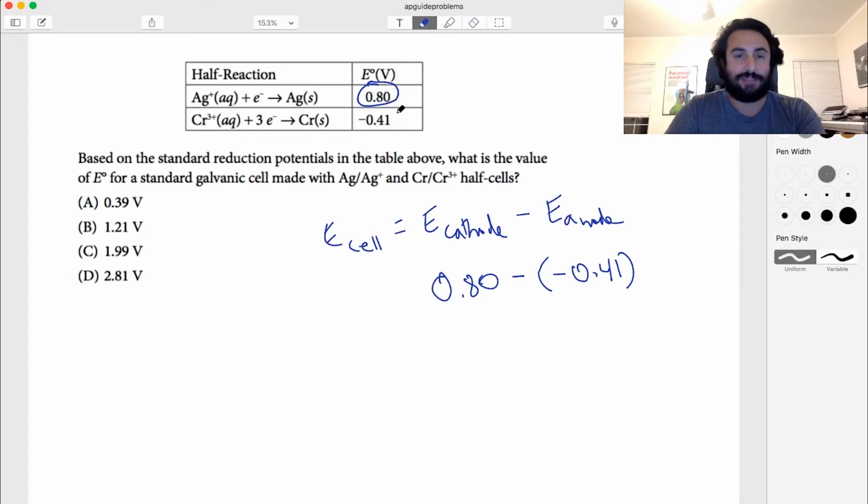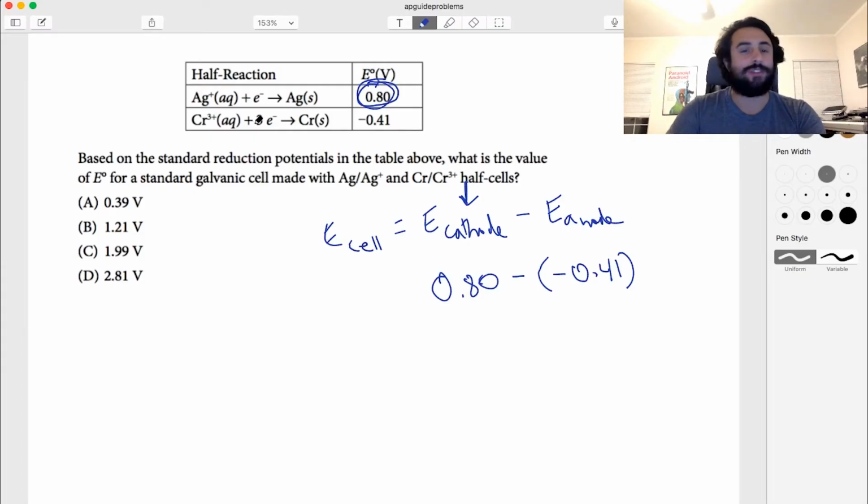If you have a positive and a negative value, the positive value is going to go right here with the cathode. Or if you have both positive or both negative, it's whichever one is greater. So if they're both negative, whichever one is closer to zero. If they're both positive, whichever one is bigger. So whichever one is the bigger number, that is going to be E cathode, and it's just E cathode minus E anode.